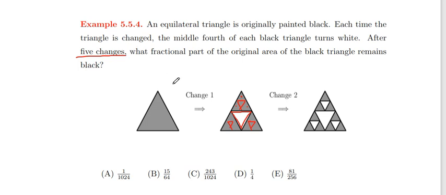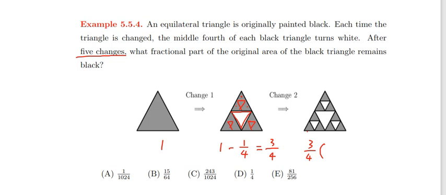So here we just find the pattern. Suppose the first one is 1, the second one is 1 minus 1/4, so equal to 3/4, right? Then the third one, we say 3/4 of the 3/4.